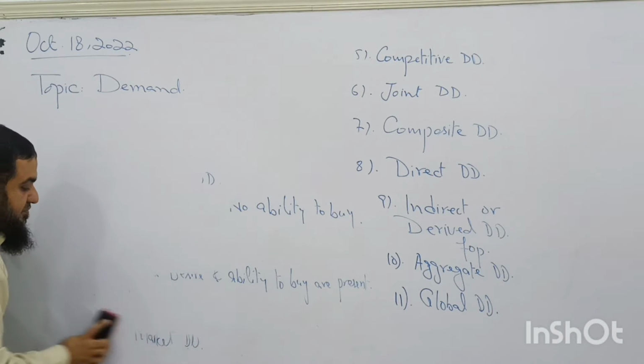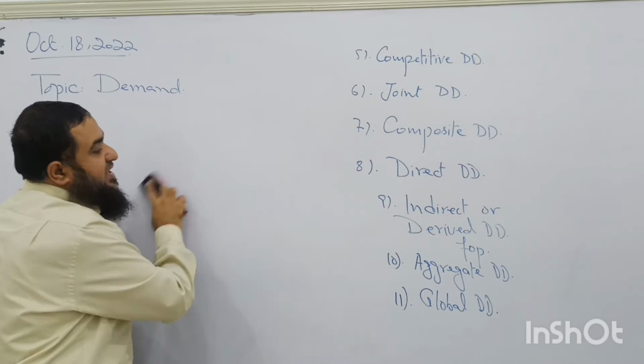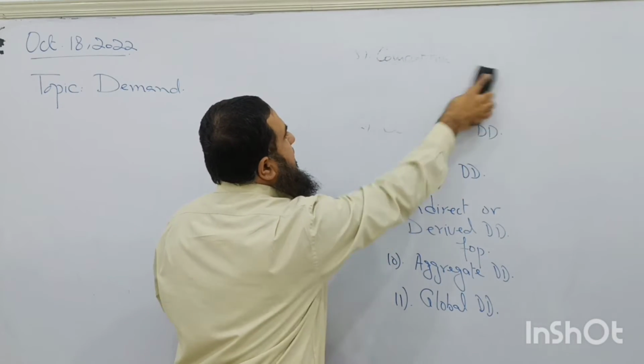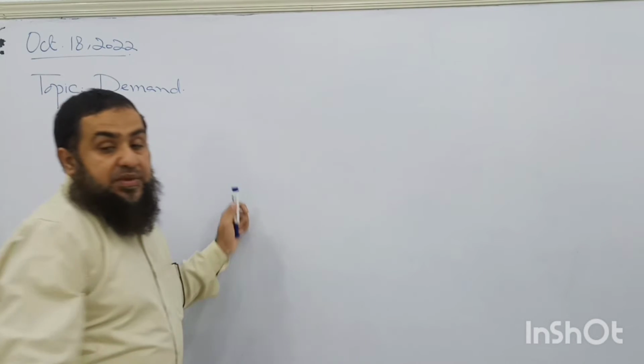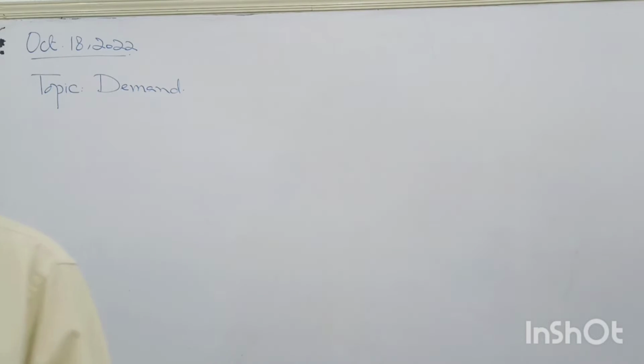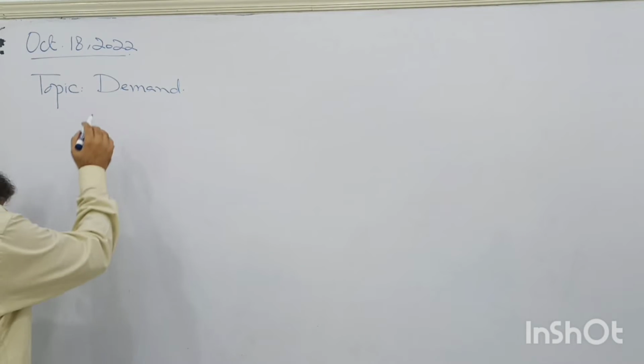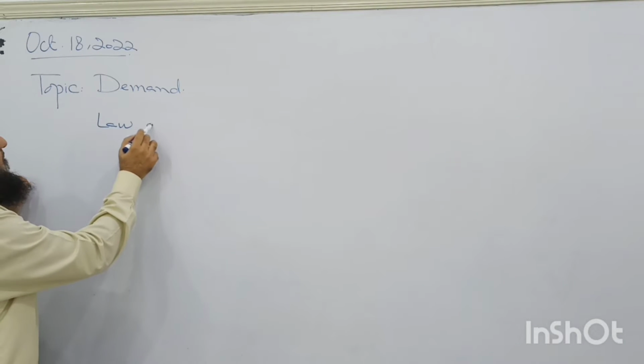Now we said, price and quantity demanded are inversely related with each other. What is the law of demand?